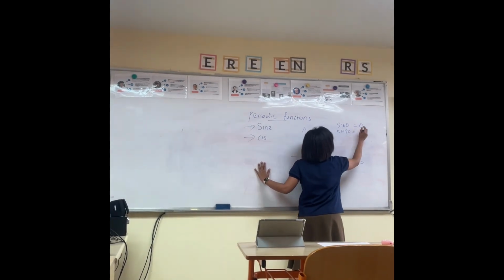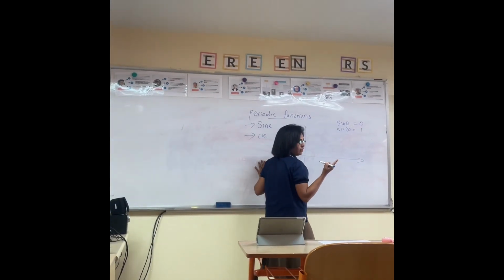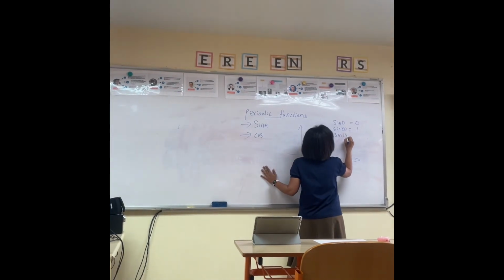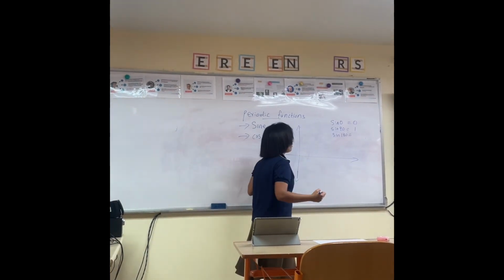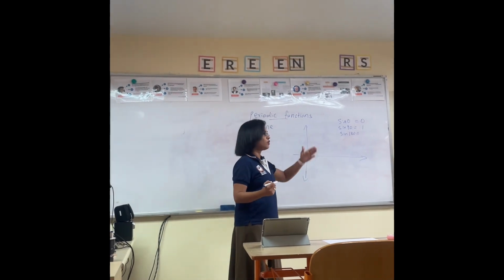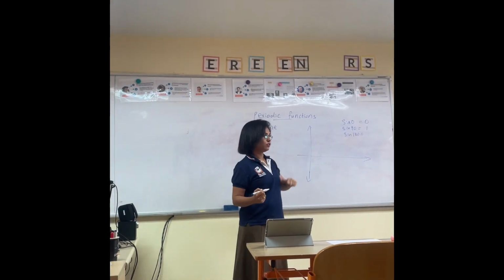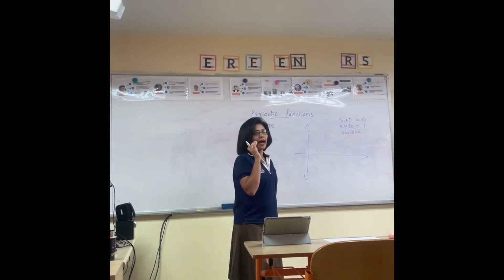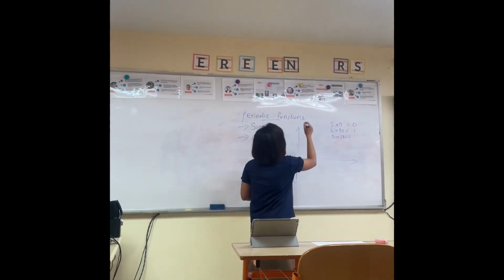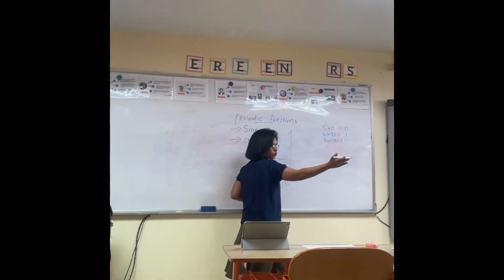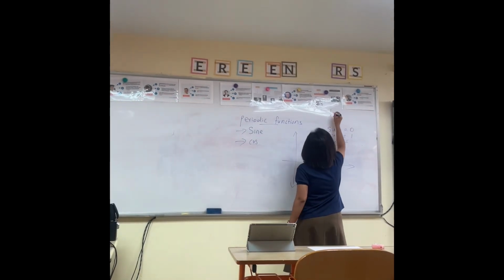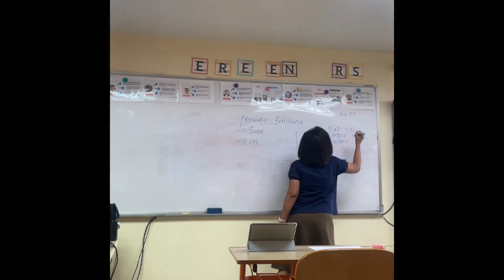So sine 0 is 0, sine 90 is 1. Sine 180, do you know the value? You can use your calculator. The maximum value of sine and cosine is always negative 1 to plus 1. The range of the value is always negative 1 to positive 1.